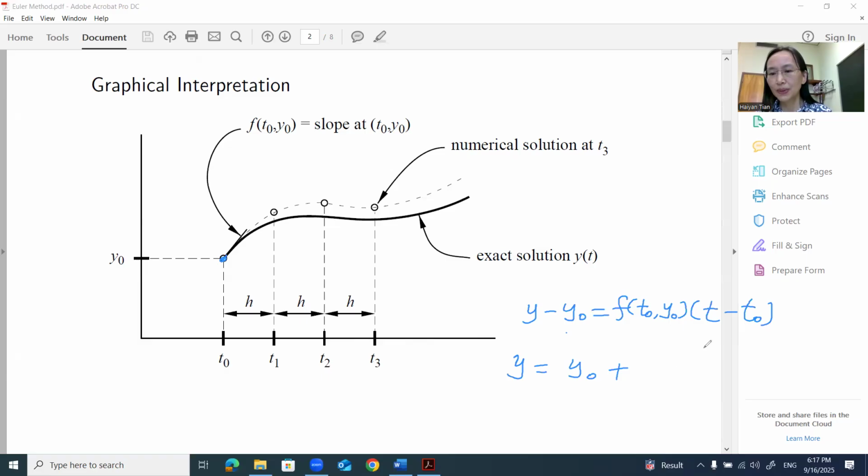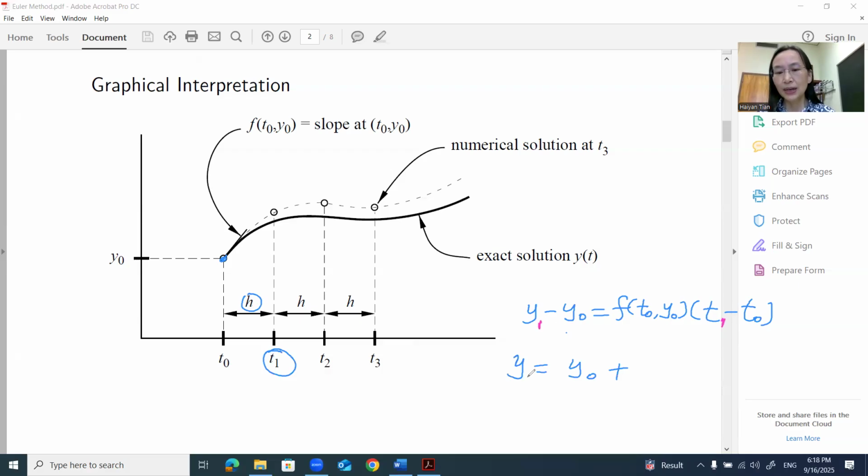Suppose I choose t1. These t0 and t1 are close to each other when the step size is small. So at t1, we can use the tangent line to approximate. Let's simply consider the next point. At t1, what is y1?